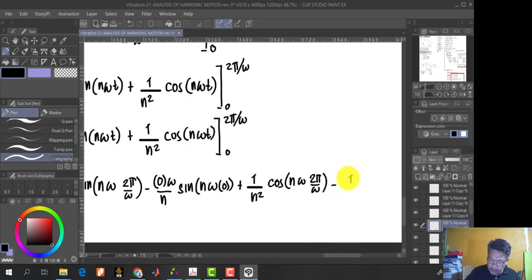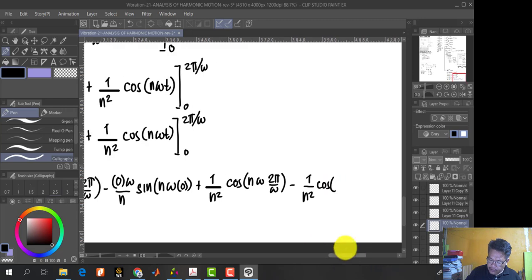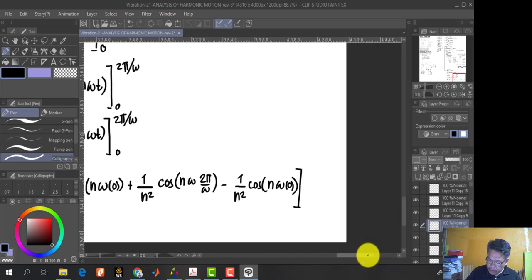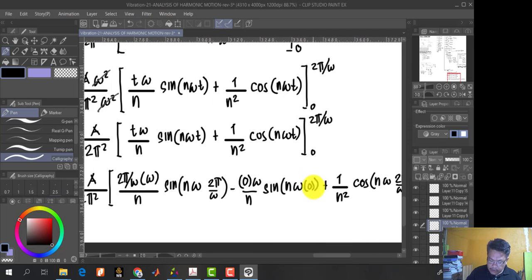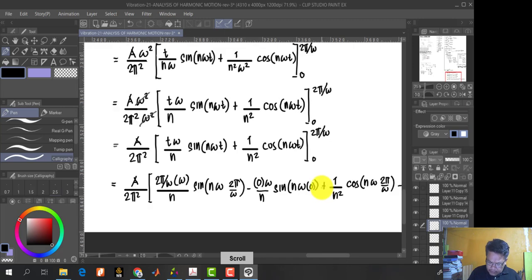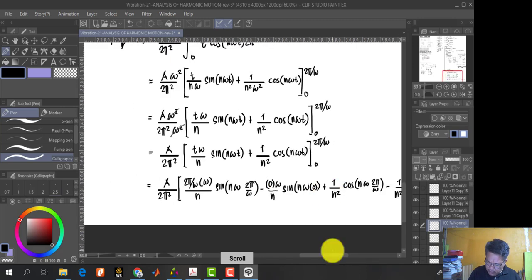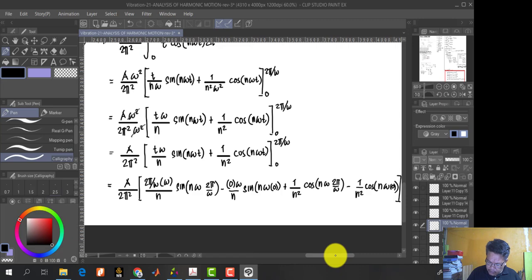So that will be 1 minus n squared, then we have here cosine of n angular multiplied by 0. Then we close the parenthesis for all of this. So that is one whole equation. So let's try to sum it up to have an overview of our solution here.